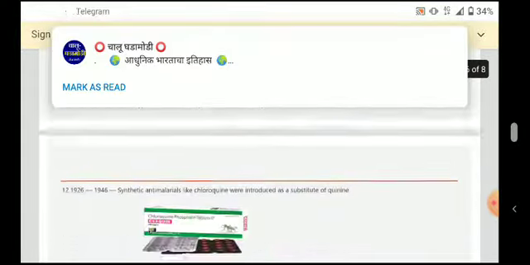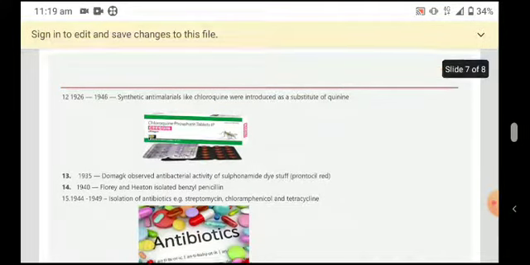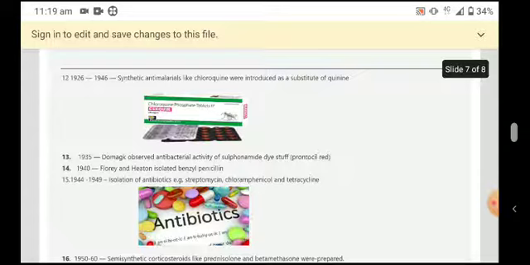So after that, what happened? From 1926 to 1946, between these 20 years, synthetic antimalarials like chloroquine were introduced as substitutes for quinine. The antimalarial drug chloroquine, as I show the dosage form, was introduced in the years 1926 to 1946.